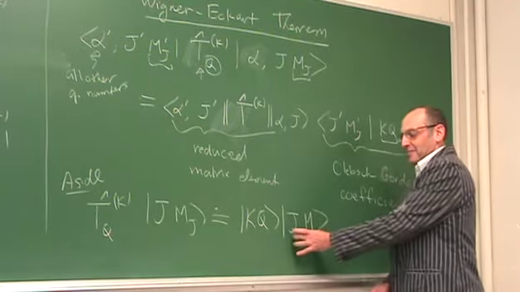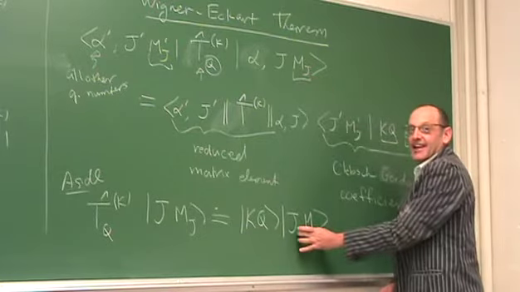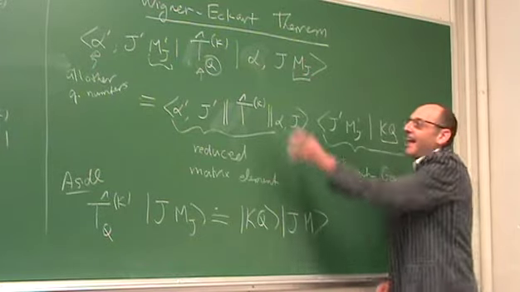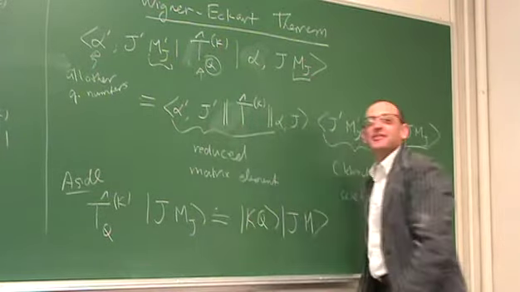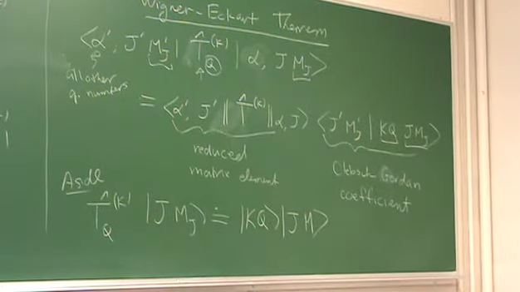One angular momentum associated with the state, and an angular momentum associated with this component of the tensor. We'll talk about it in a moment, how we actually use this to do calculations.